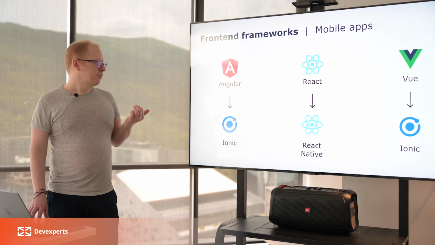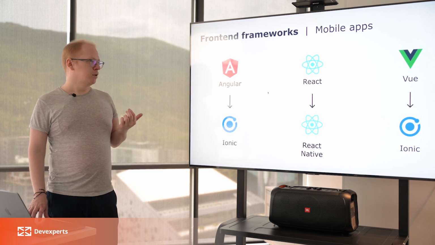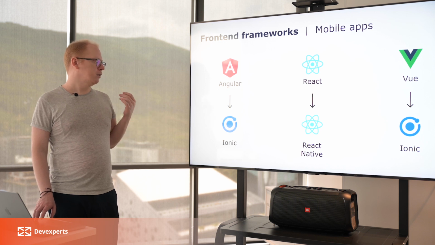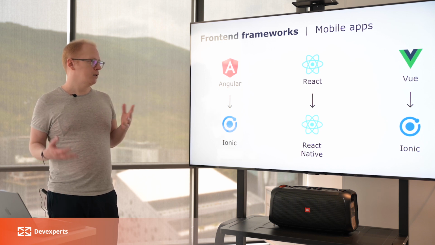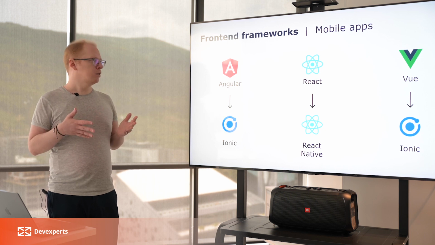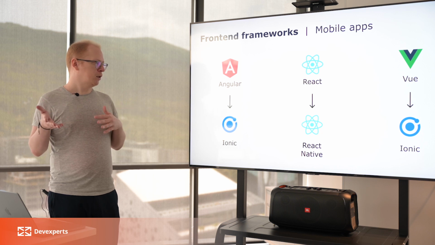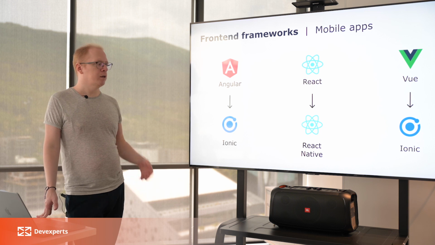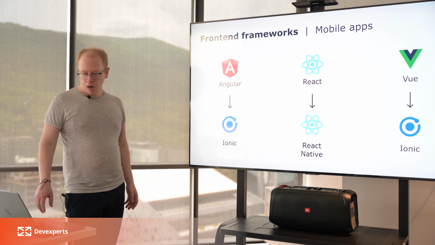And also, they all have solutions for developing mobile applications. So React has React Native, and Ionic is a cross-framework solution. So you could even do a mobile app in React with Ionic, but typically people who work in React do it in React Native.